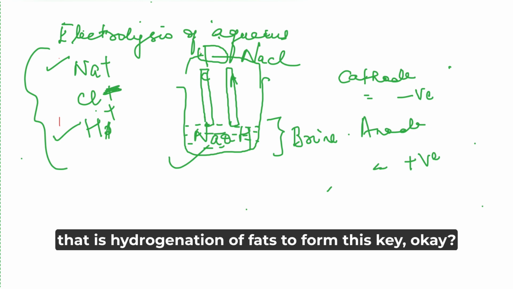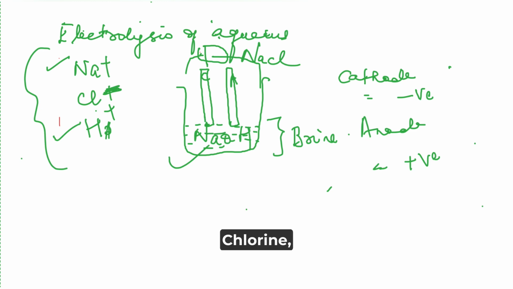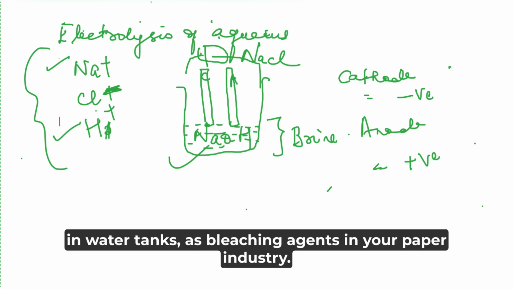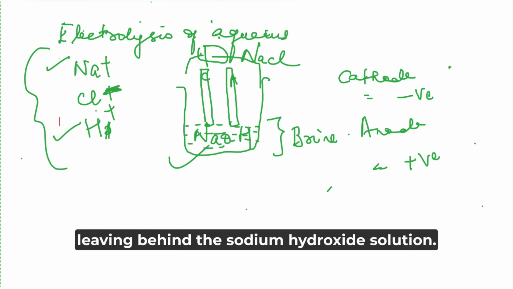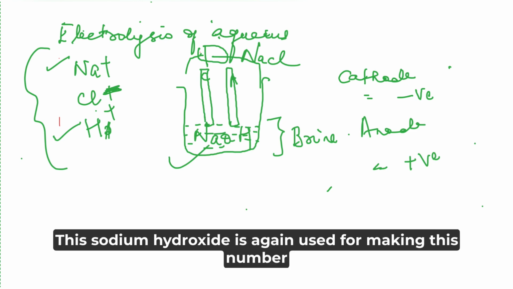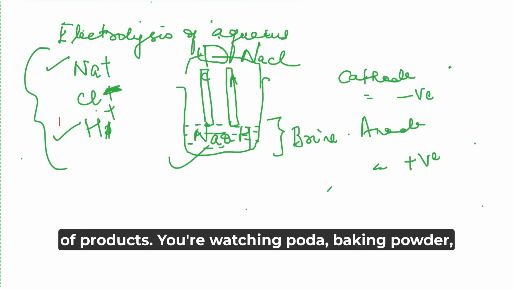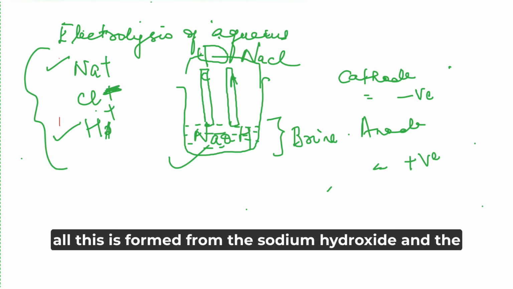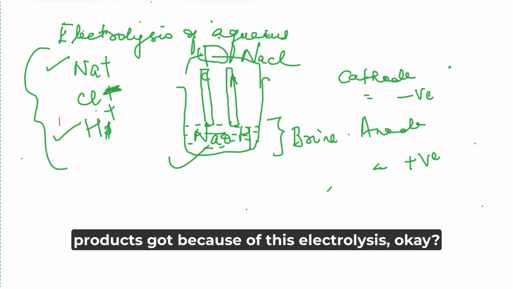Chlorine is used as a bleaching agent in swimming pools, in water tanks, and in the paper industry. The remaining sodium hydroxide solution is again used for making a number of products: washing soda, baking powder, sodium bicarbonate, plaster of Paris. All this is formed from the sodium hydroxide obtained from this electrolysis.